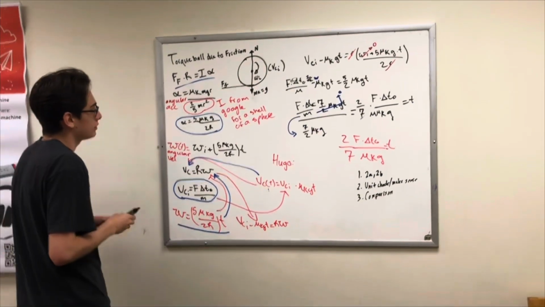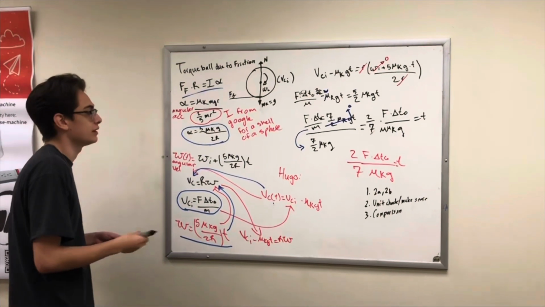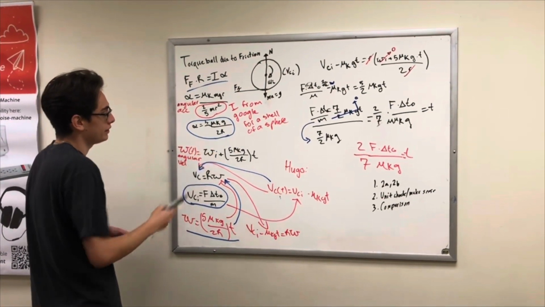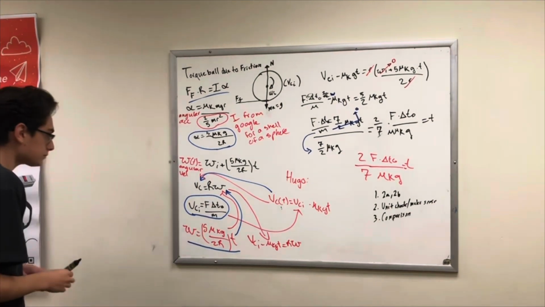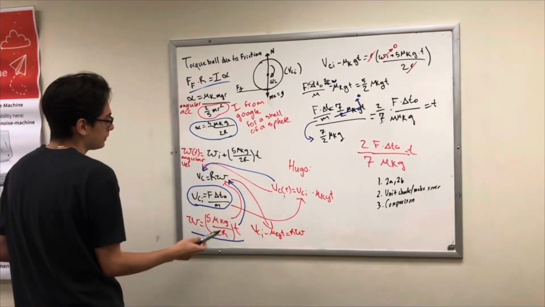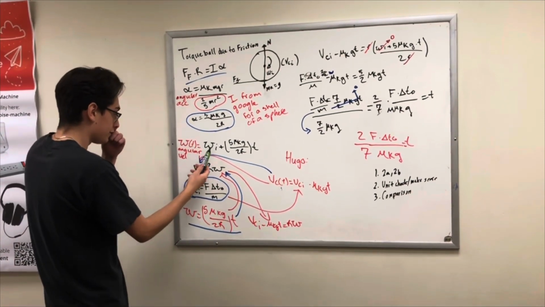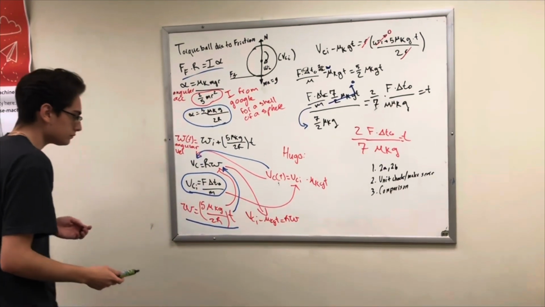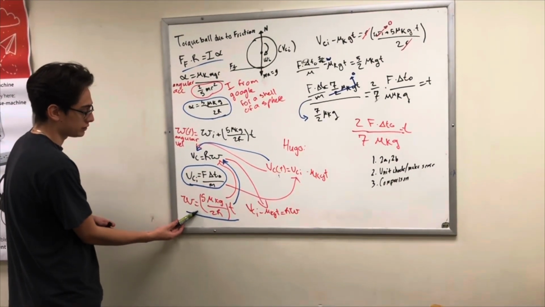We get that our angular acceleration is 5 times mu k times gravity divided by 2 times radius. Same process, but with angular velocity, and our initial angular velocity is 0. So we get this for angular velocity.